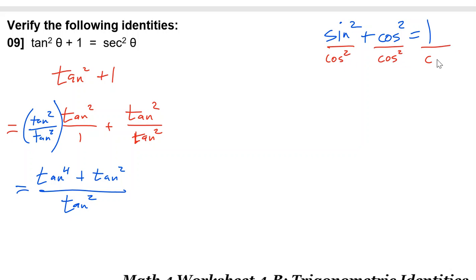What's going to happen there? Well, sine squared over cosine squared is really going to become tan squared. And cosine squared over cosine squared is going to become 1. Oh, look where this is going. And 1 over cosine is actually secant, so 1 over cosine squared is going to be secant squared.